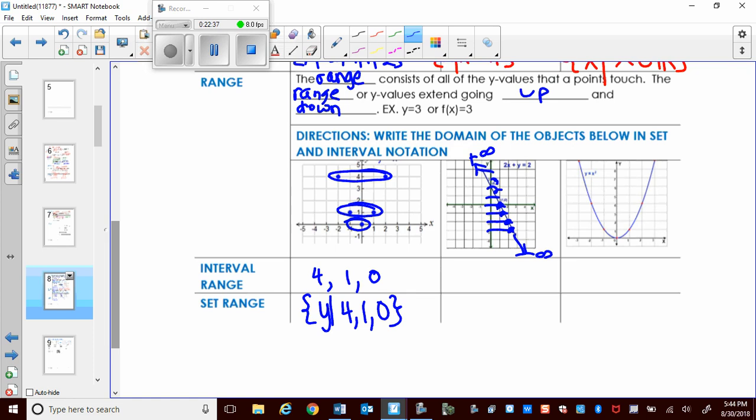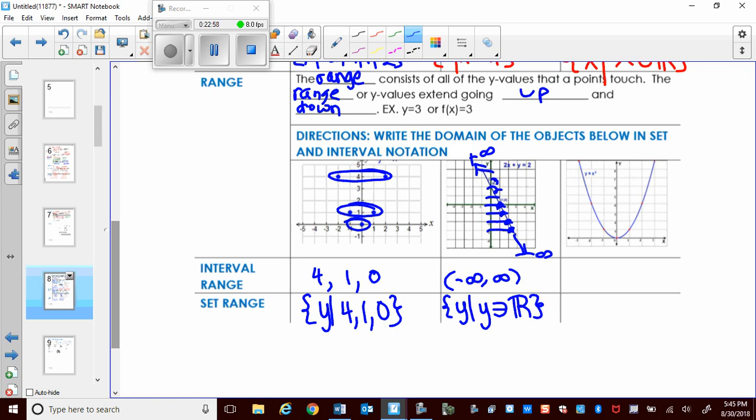So my range is negative infinity to positive infinity. If I want to talk about what the range is in terms of set notation, it's going to be curly bracket y bar. Y belongs to all real numbers.